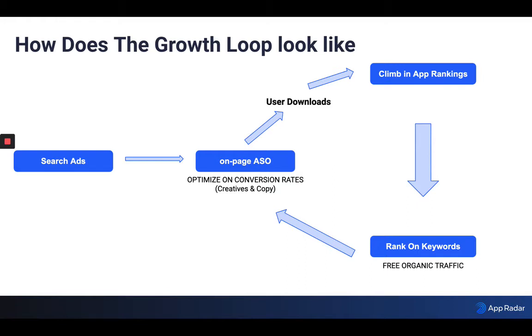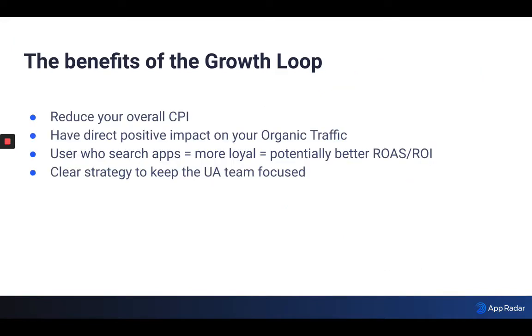You're going to try to optimize your search ads on specific keywords, and you fuel that to your app page, and you focus on optimizing it for conversion rates, and voila, you're going to get continuous volume. Because you're optimizing correctly, you're getting more downloads, and you're going to climb rankings, and it will never stop if you do it properly. So the benefit is actually quite significant.